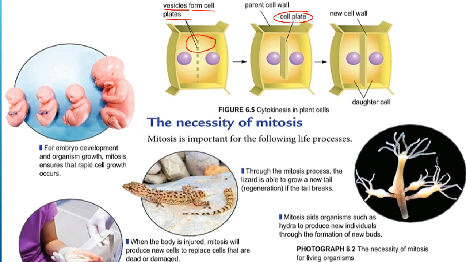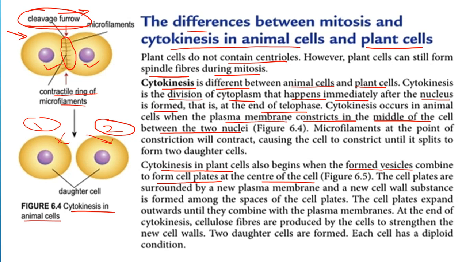Cell plate. So seterusnya, the cell plates are surrounded by a new plasma membrane and a new cell wall substance form among the spaces of the cell plates. The cell plates expand outwards until they combine with the plasma membrane, and at the end of the cytokinesis, cellulose fibers are produced by the cells to strengthen the new cell wall.